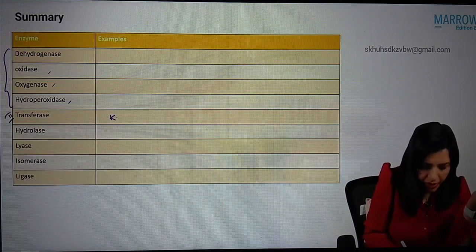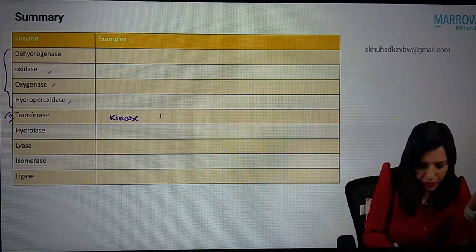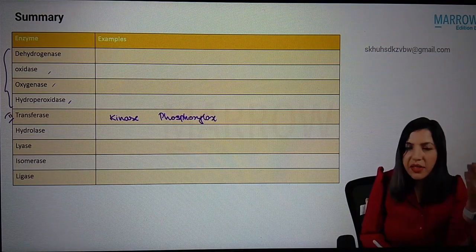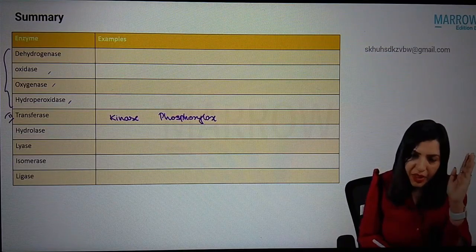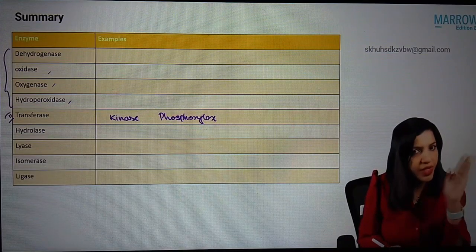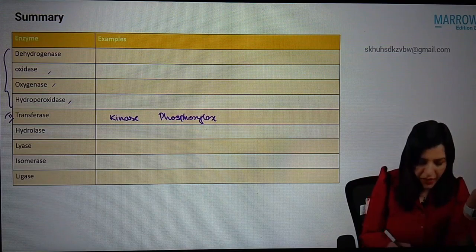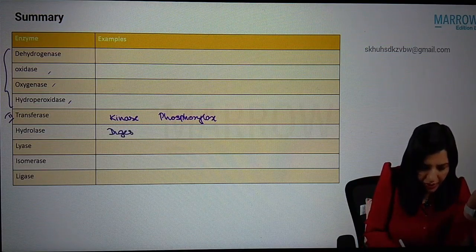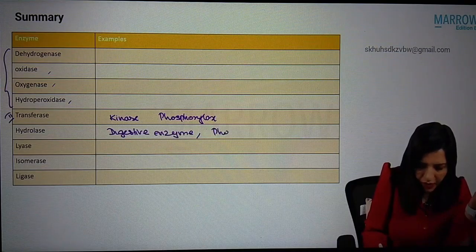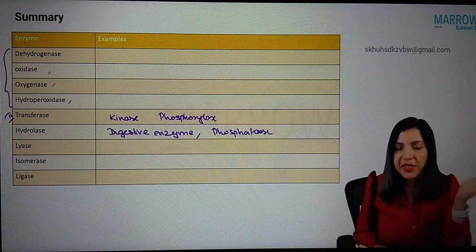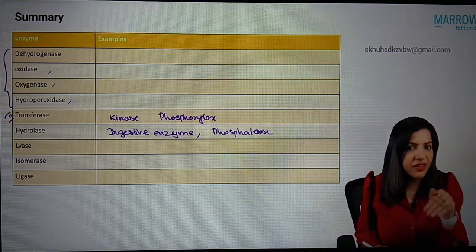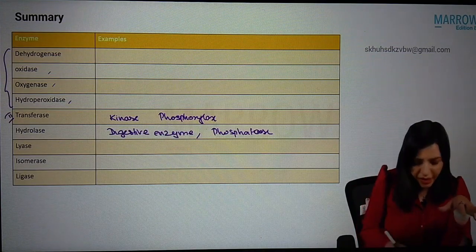So remember, under transferases, kinase, phosphorylase. Then hydrolases, we have learned it is like a cleaving of a covalent bond by adding water. So under that, we have learned all digestive enzymes. Then phosphatase, we learn under that. Then lyases is a tricky class where different names are there.